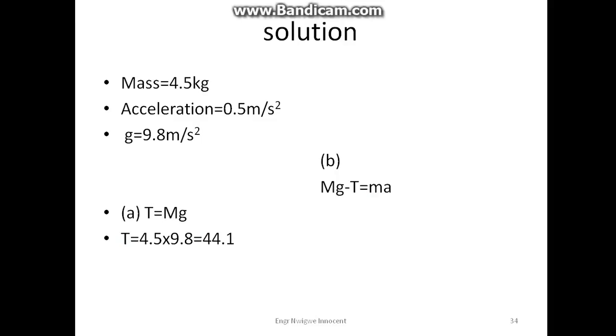Then mass, which is 4.5, times acceleration due to gravity, 9.8, minus T, is equal to mass 4.5 times acceleration 0.5. So 44.1 minus T is equal to 4.5 times 0.5, which is 2.25. T is equal to 41.85.